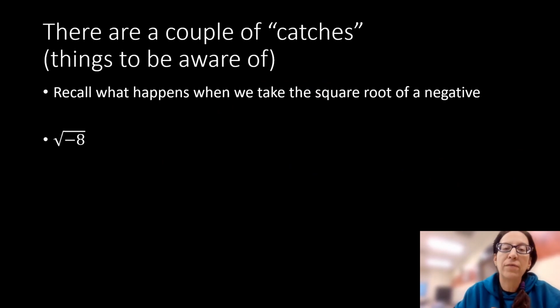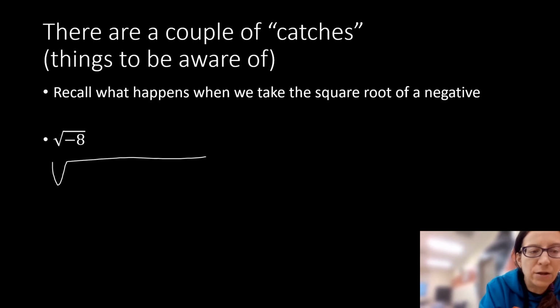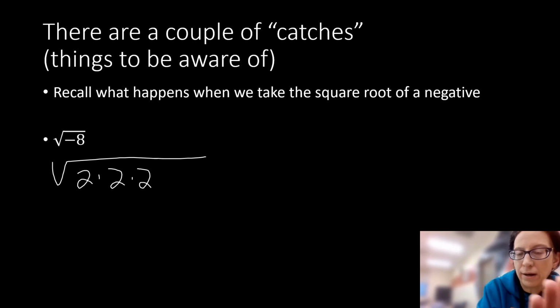Now, there are a couple of catches, and by catches, I just mean things that you need to be aware of. Now, I want you to recall what happens when we take the square root of a negative. So if we were to look at the square root of negative 8, we could break that into 2 times 2 times 2, just like we would in the previous problem, but we'd also have to have that negative 1 out there.